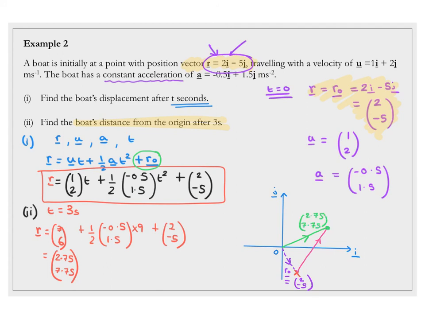It tells us the position of the particle relative to the origin after 3 seconds. Now, if we want to know the distance, we then need to work out the magnitude of this vector, so 2.75 squared plus 7.75 squared, and then square root all of this, and we get a result of 8.2234... so 8.22 metres to 3 significant figures.